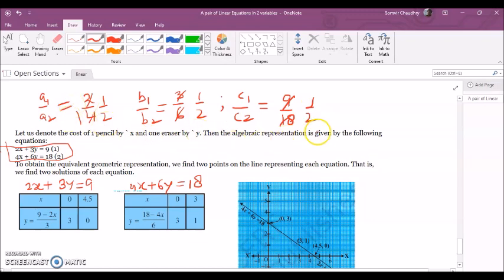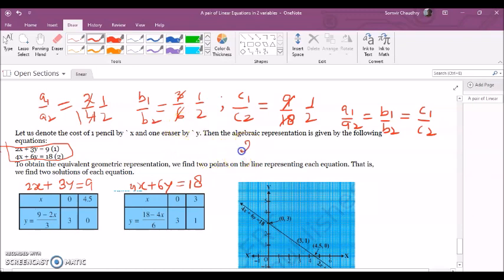So here you can easily see a1 by a2 is equal to b1 by b2 and is equal to c1 by c2, right? So in this situation, both the lines will pass through the same points. This is the case of infinitely many solutions.